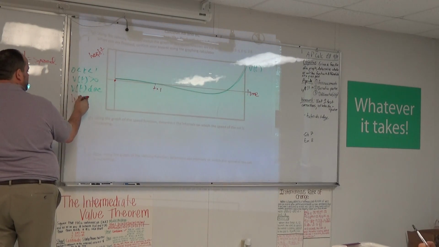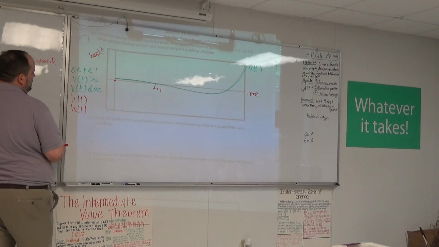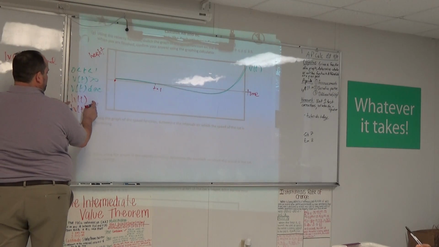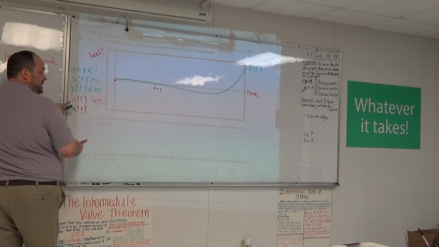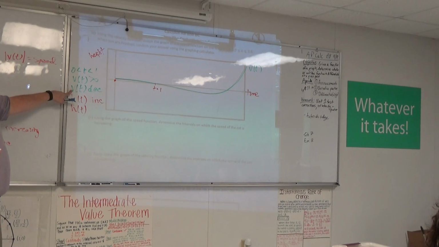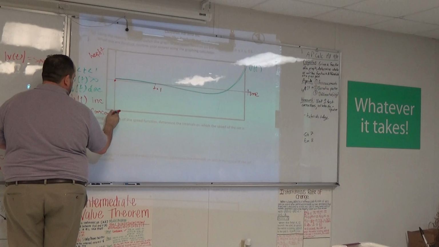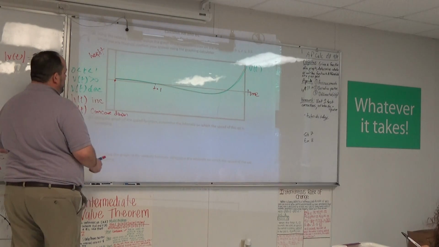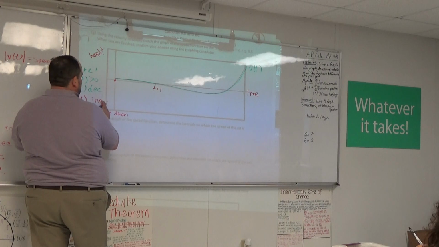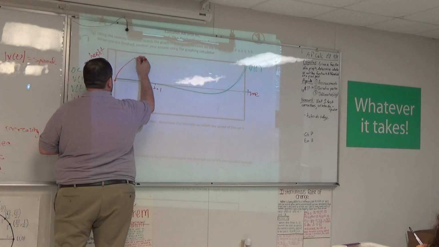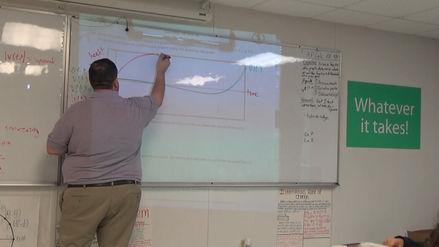So what's the height doing? Velocity is positive, height is increasing. If velocity is decreasing, acceleration would be negative, so height is concave down. So on the interval 0 to 1, starting here, I need my height to increase, concave down. That looks something like that.